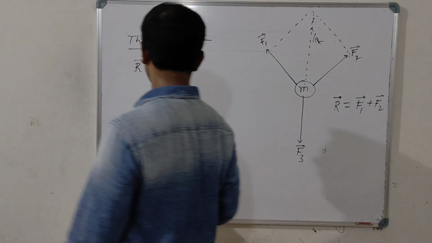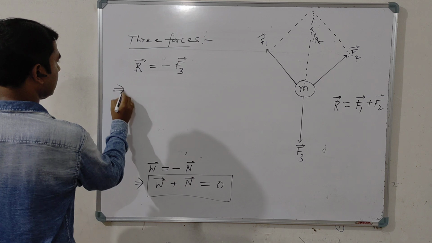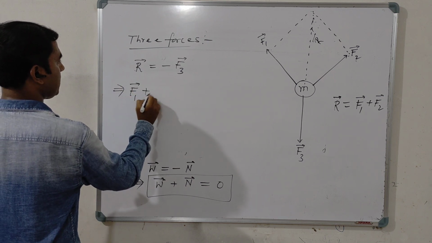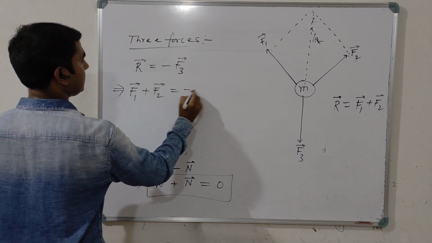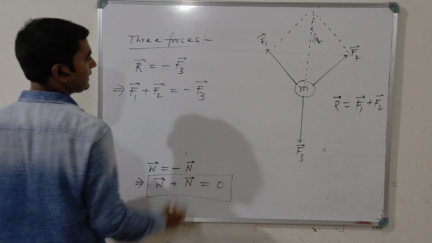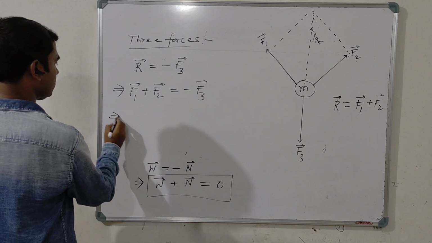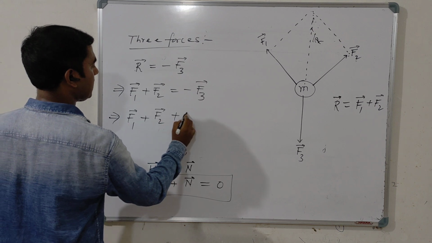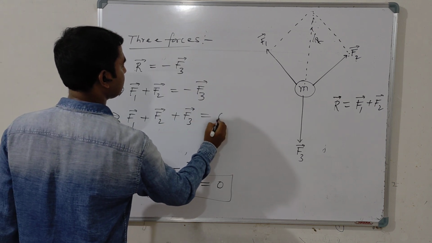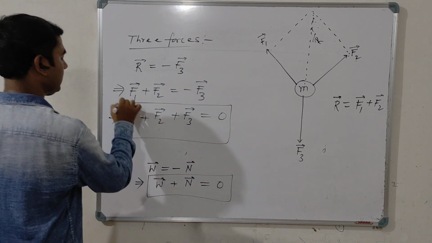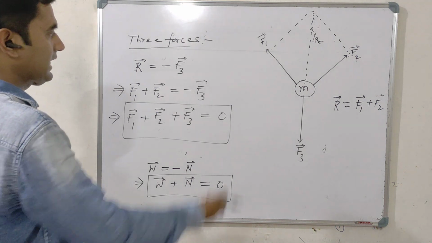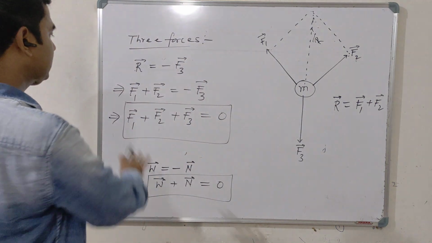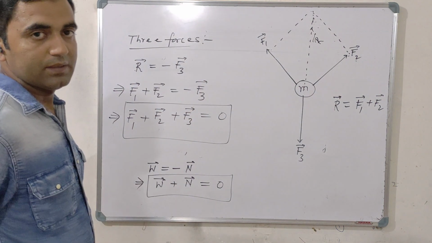Now put the value of R vector. F1 vector plus F2 vector is equal to minus F3 vector. So F1 vector plus F2 vector plus F3 vector becomes 0. So for three forces, M will be in equilibrium if the resultant gives 0.